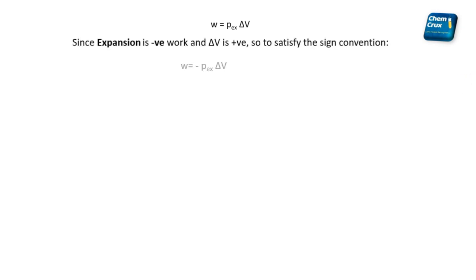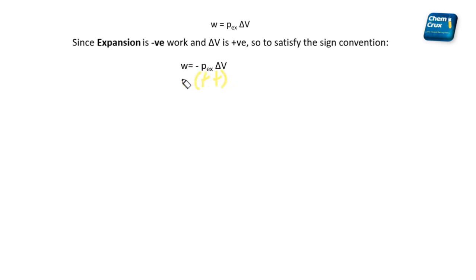So to satisfy the sign convention, we must introduce a negative sign in the expression. So now we have introduced a negative sign in the expression. Now let us check whether the sign conventions are getting satisfied for expansion work or not. As we know, delta V is positive for expansion. Pressure value is definitely positive.